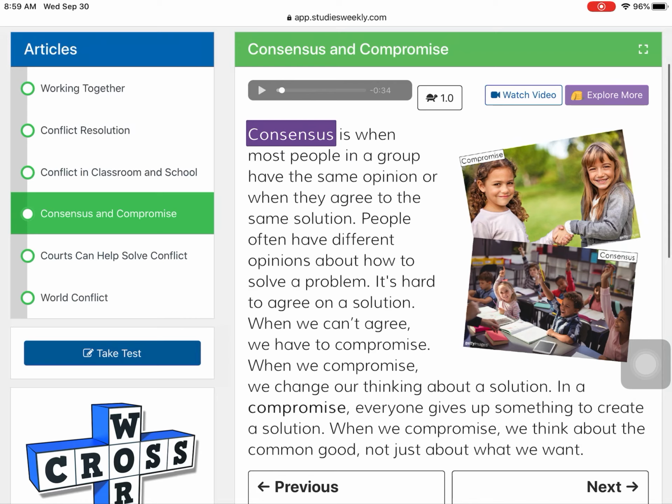If the majority of students had their hands raised for that movie, that is a consensus that the class has come to. There might be 2 or 3 students who wanted to watch Toy Story and they raised their hand for that. But because most of the class raised their hand for Finding Nemo, that is what the class will do. So in a group, when people have the same opinions, they can agree to that same solution.